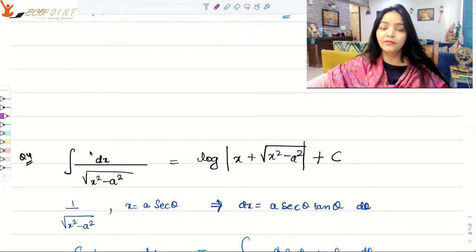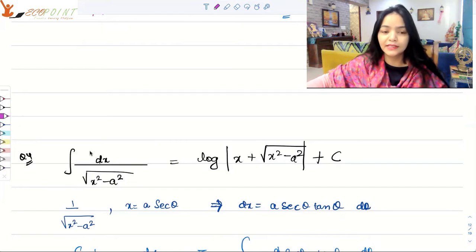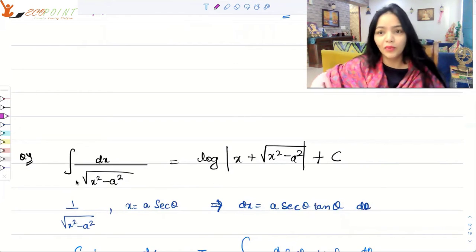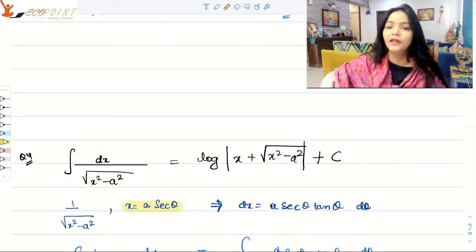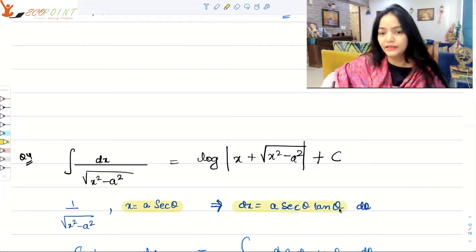This time we have 1 upon square root of x square minus a square. Let's see how we can work it out. This time let's take x as a secant theta. Dx will become a secant theta tan theta d theta.